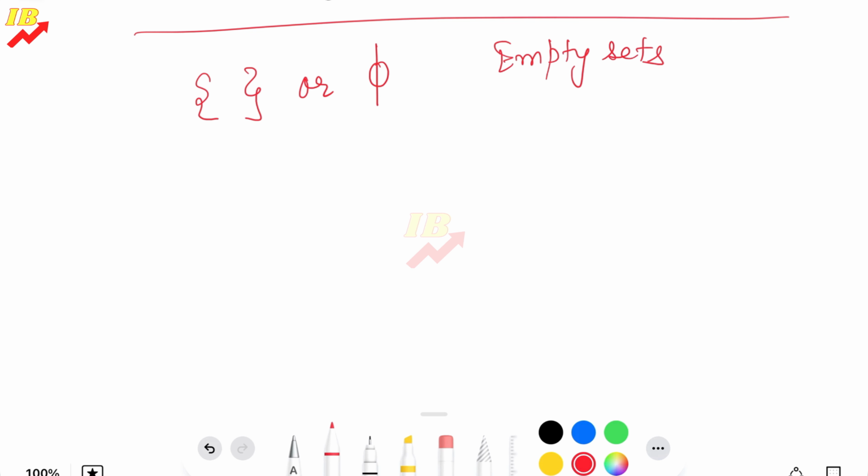This is also called the trivial subset, or we also call it the null set. All of these names belong to the same thing.